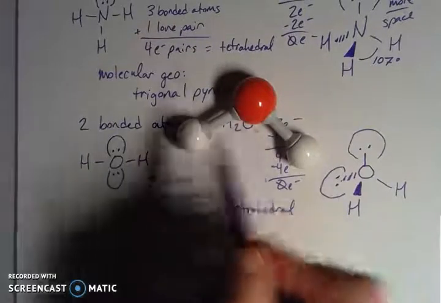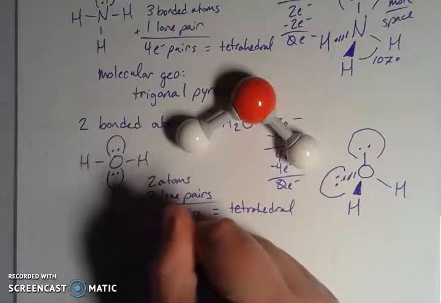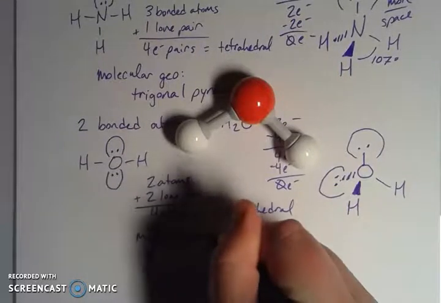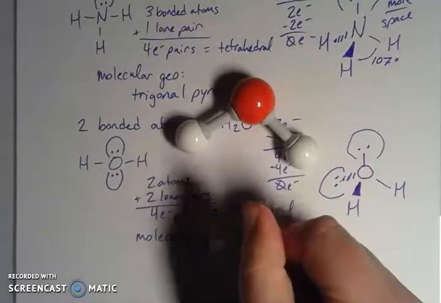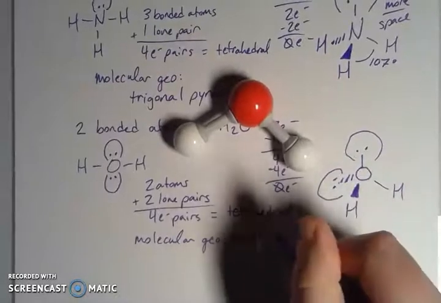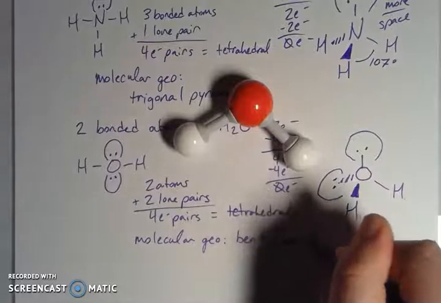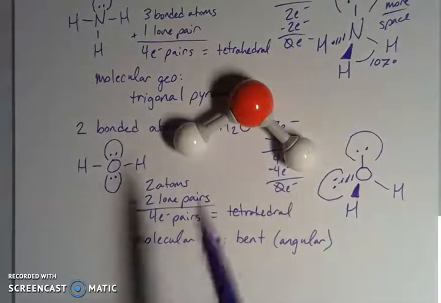So the name of this guy, with my lone pairs here, here's my molecular geometry, is the highly scientific term bent. It's a bent molecular geometry. Sometimes you also see this as angular if you prefer a more scientific sounding name. I like bent because I think it's hilarious.